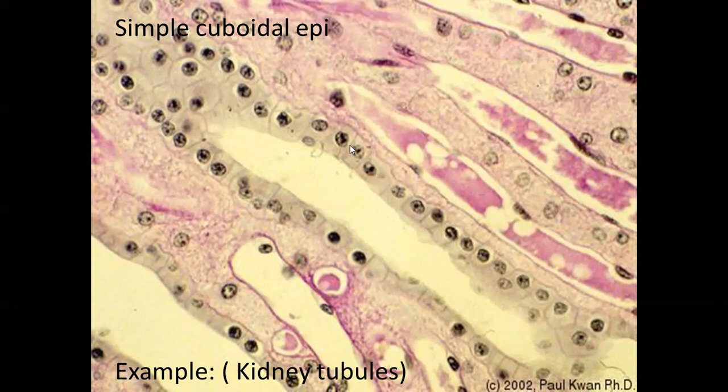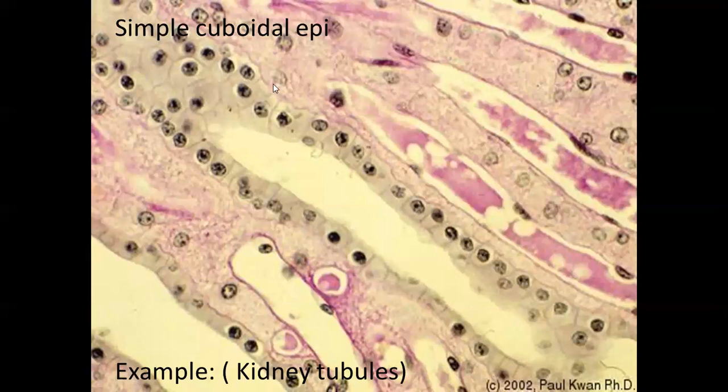Why do we call it cuboidal? The cell width and thickness are similar, or the distance above and below the nuclei is equal. The distance in this area and the distance in this area are equal. Also in this cell, the distance below and above the nuclei is equal.